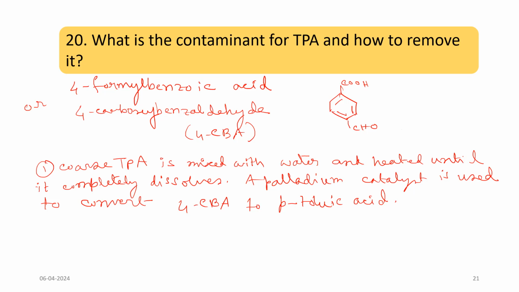Then a palladium catalyst is used to convert 4-CBA to p-toluic acid. This is the second step.